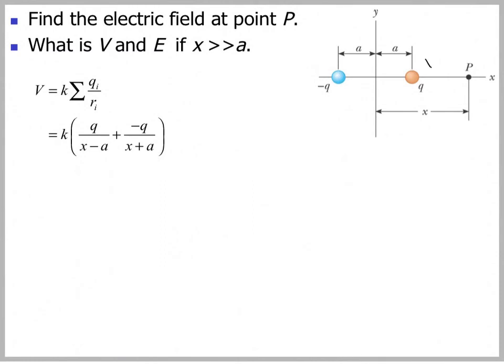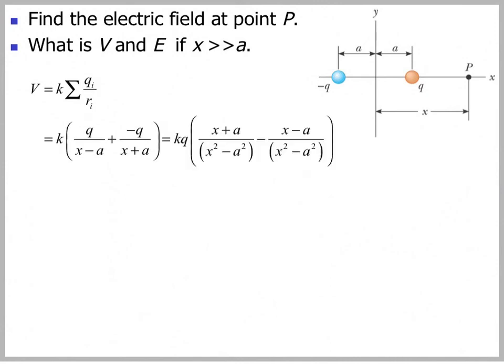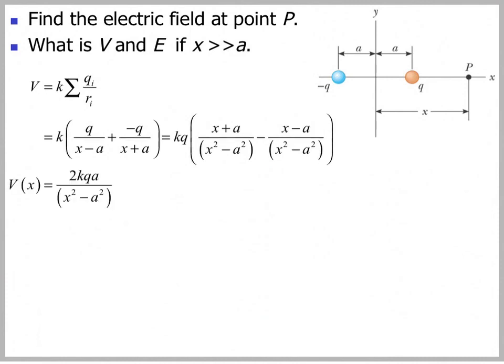That's this distance right here, x minus a. And then it's minus Q, and the distance there is x plus a. So we get a common denominator, we multiply, and we can pull the Q out, and we get x plus a minus x minus a over x squared minus a squared. We simplify this and we get that V as a function of x is 2kqa over x squared minus a squared.